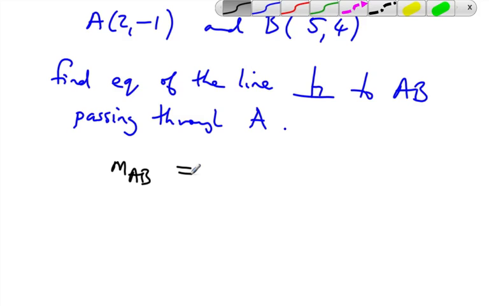What's the gradient of AB? What's y2 minus y1? Minus and minus is a positive 5, so it's 5 over 3. Y2 take away y1 is 5. X2 take away x1 is 3. 5 over 3.